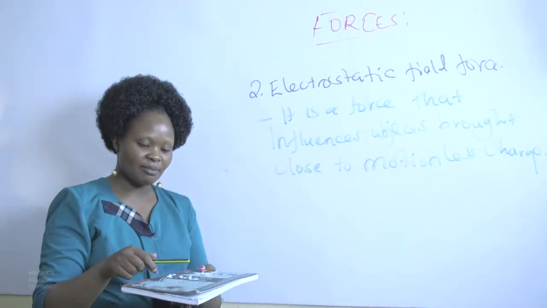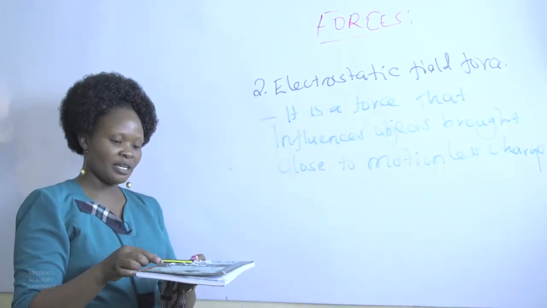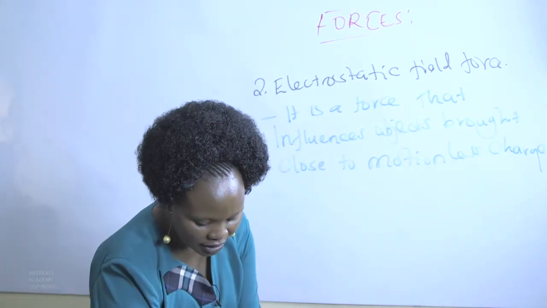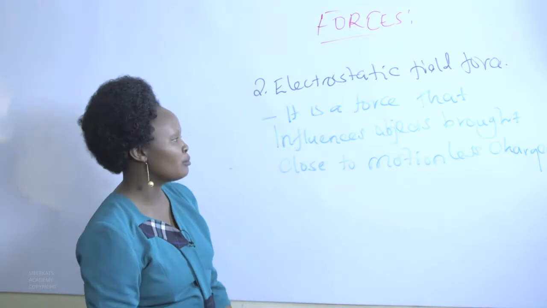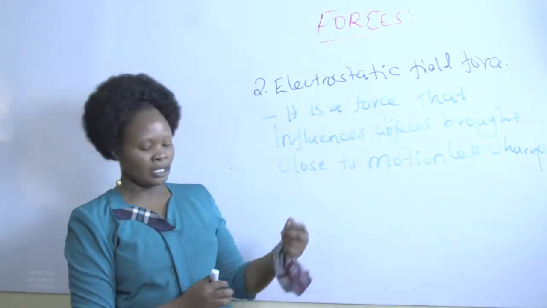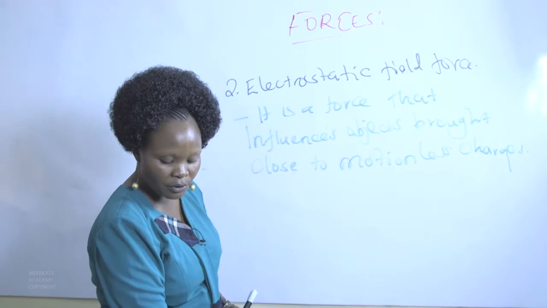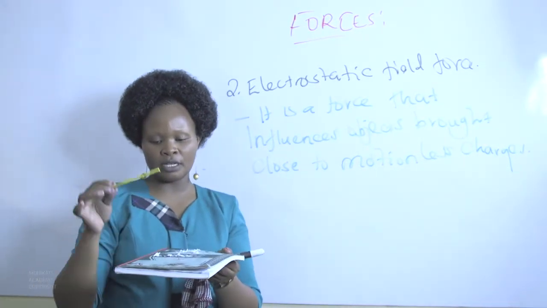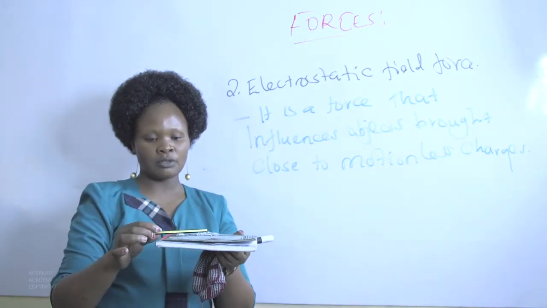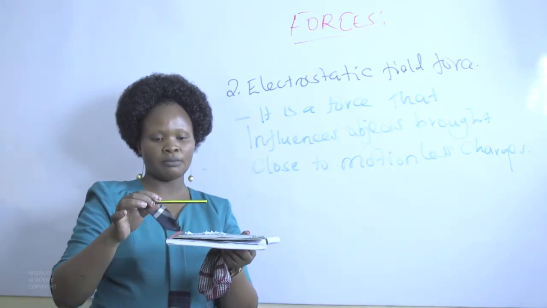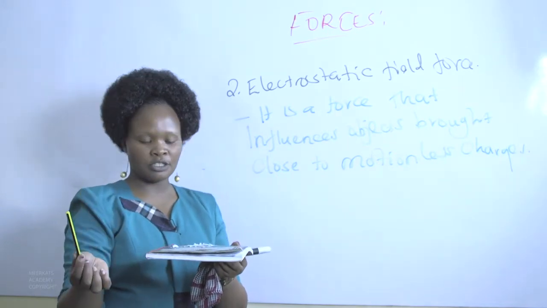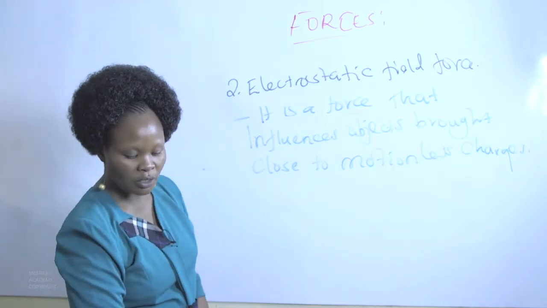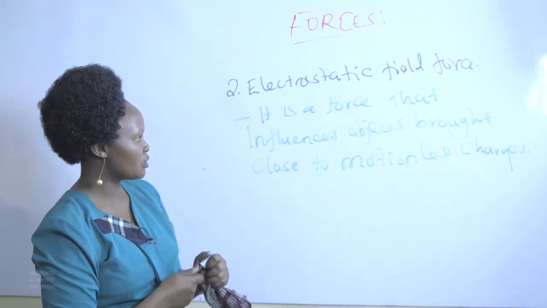Now that is an example of an object that has acquired static charges, which are what we are calling motionless charges. That means if you twist your pen to the other surface that had not rubbed your hair, it is not going to have the same effect because the charges do not shift. That is why we call them static charges.